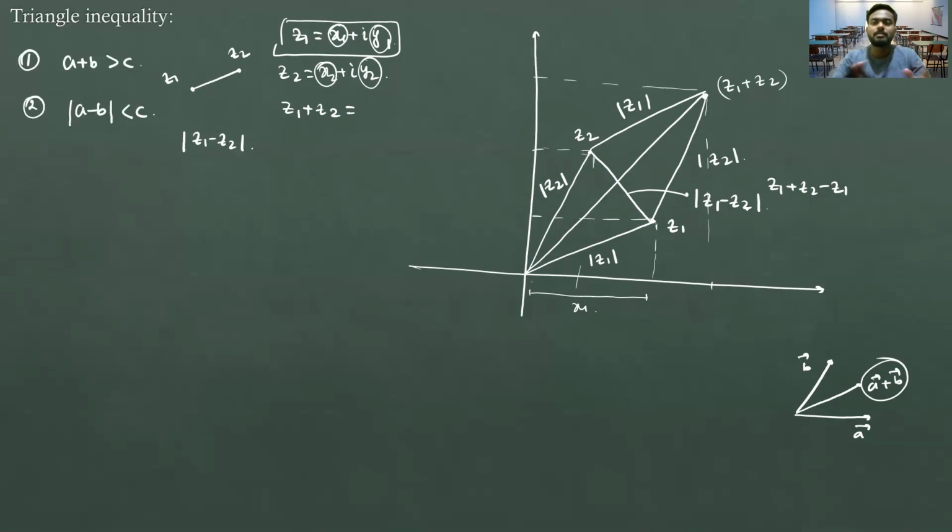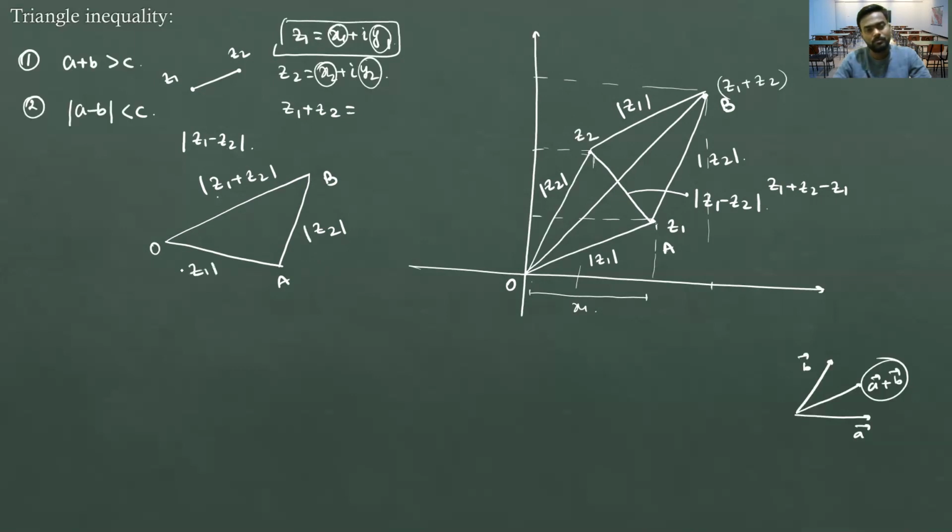Now you see, if I say this is O, this is A, this is B, then in triangle OAB, if you observe properly, this length is modulus of Z1 plus Z2, this length is modulus of Z2, and this is modulus of Z1.